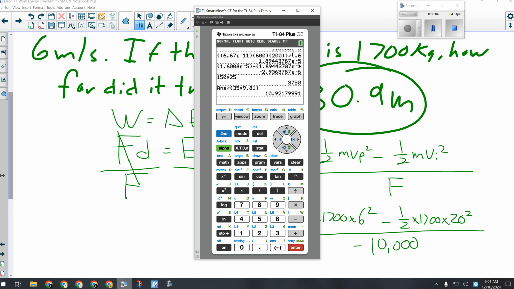So when we plug all that in, 0.5 times 1,700 times 36 minus 0.5 times 1,700 times 20 squared, which is 400. So we get a negative number. Now I'm going to divide that by negative 10,000 newtons.